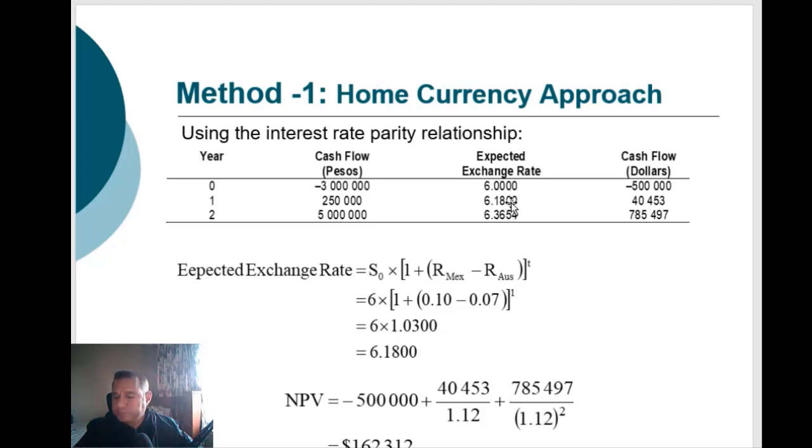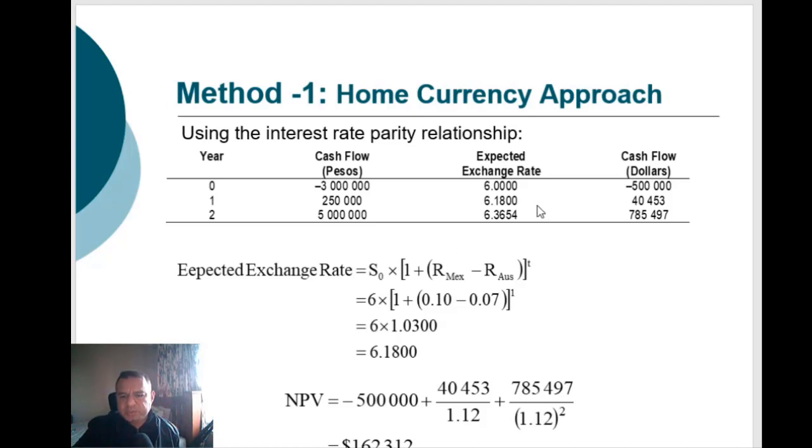How did we find it? We calculated it this way. For year 2, the spot exchange rate should be 6.18, so instead of 6 it will be 6.18, and we apply the same formula again to find the expected exchange rate for year 2.